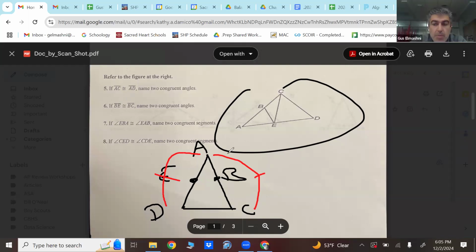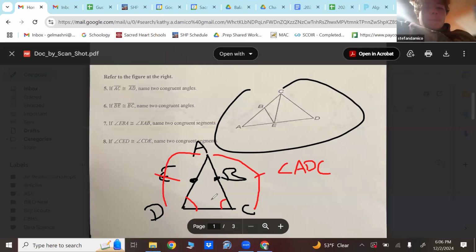So it's pretty clear that this angle is opposite AD and this angle is opposite AC. So you're going to say angle ADC, because with so many letters you have to be more explicit, with D being the vertex, is congruent to angle ACD. That's what you have to say.